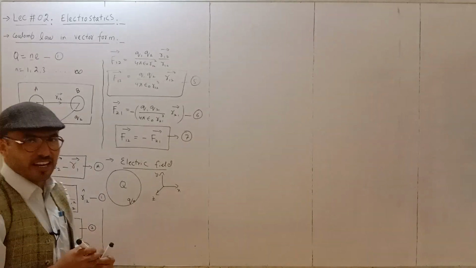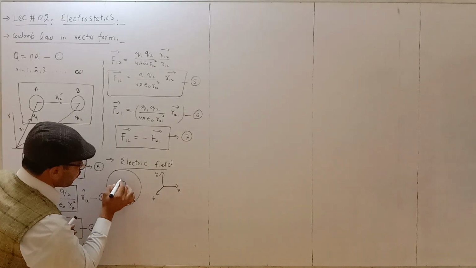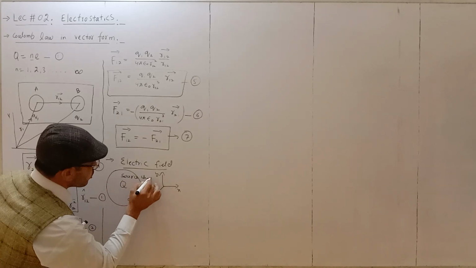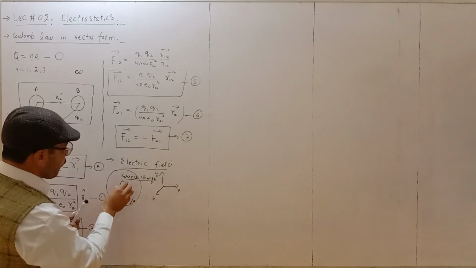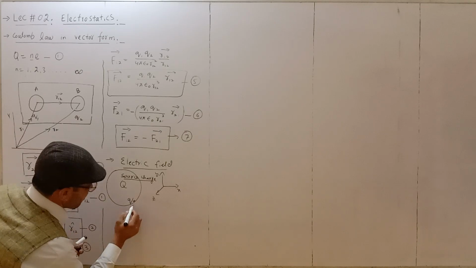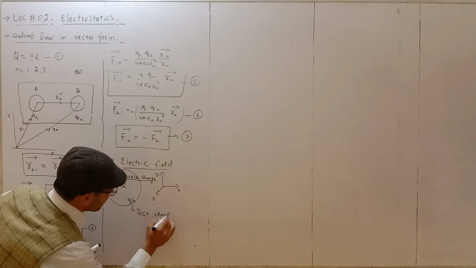Here the question arises, what is a test charge? This charge is called the source charge. Source charge means the charge whose electric field I am finding, and this is called the test charge.